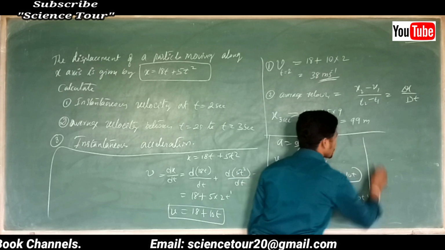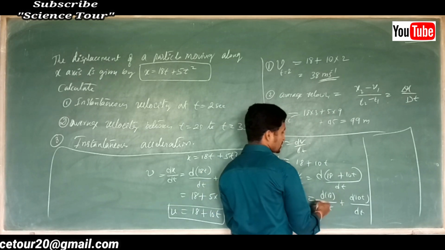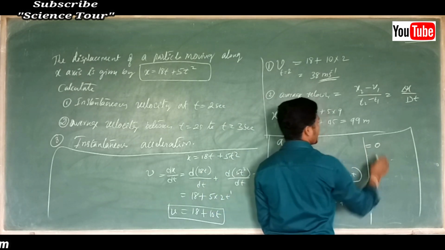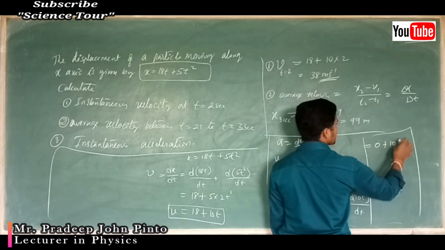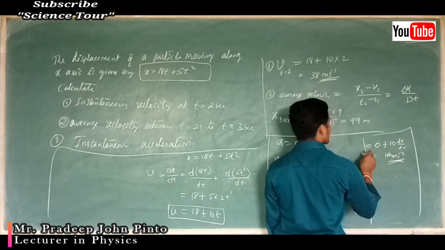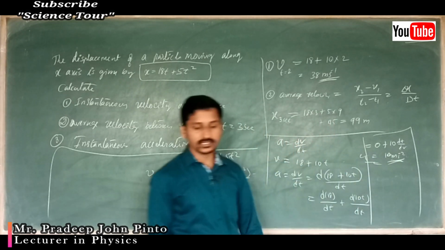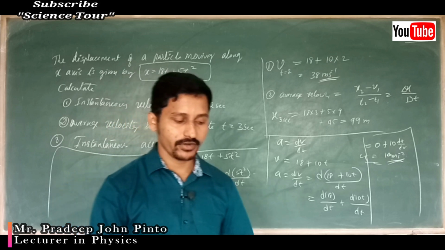Whatever the constant is there, its value you have to write down as 0, plus here 10 is multiplied with t, so 10 into dt by dt, which is equal to 10 meter per second square. This is nothing but the instantaneous acceleration of the body.